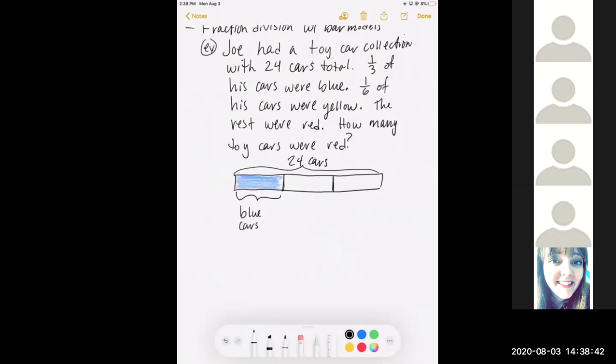And then 1/6 of them were yellow. So I can take my segment of 1/3 and divide it into two parts for 1/6, make it yellow. These are the yellow cars. The rest of them were red. So we can just go like this.